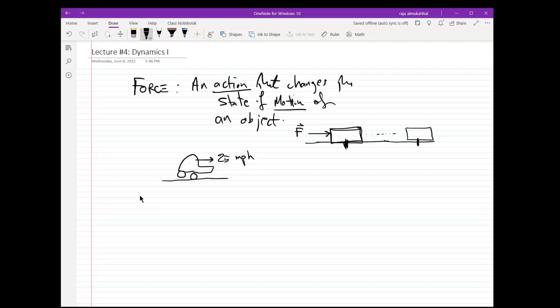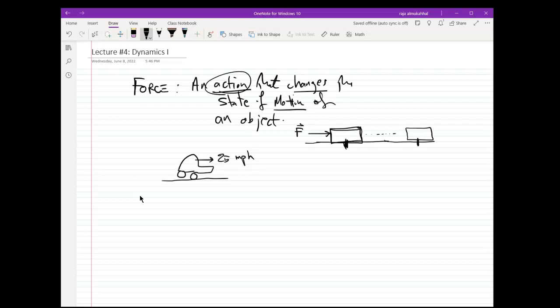So the braking force, which is kind of a friction force, is again an action that changes the state of motion of your car from 25 to something else. The same thing happens if you push on the accelerator. Here you have a force on the engine that would force the wheels to spin faster, and then you would go faster and so on. So that's the meaning of the word force.